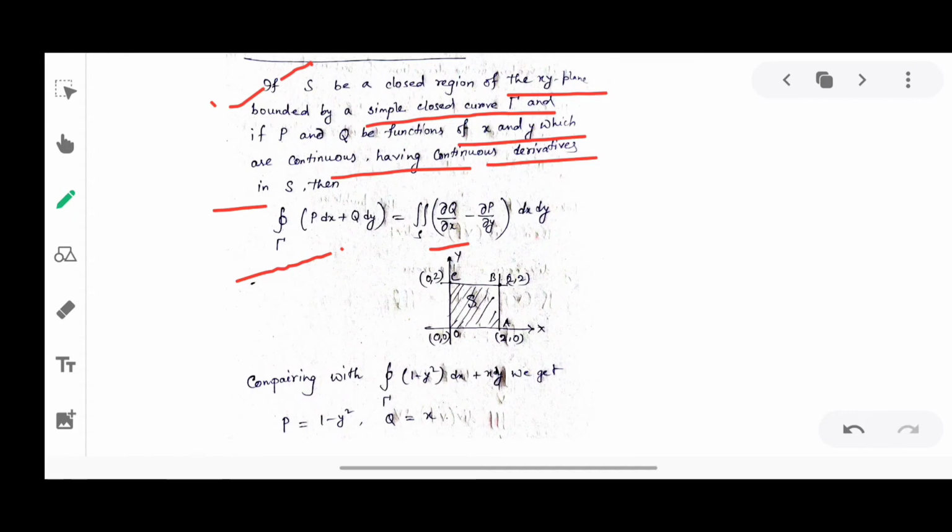Here S is the region of a perfect square with the four points given. Comparing with (1 minus y square) dx plus x dy, we get p equal to 1 minus y square and q equal to x.